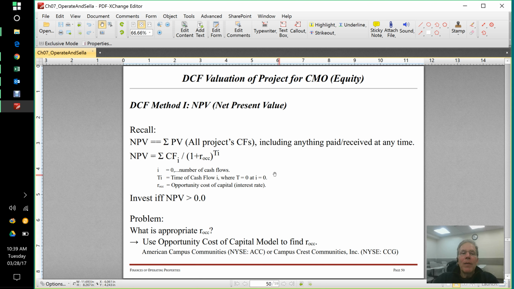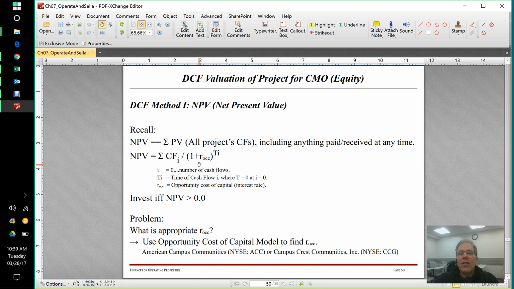And remember, NPV for a project is just the sum of the individually present valued cash flows for one player at a time for this project. And we have, here's the rigorous formula for NPV. It includes all the cash flows of the project for this player, including any cash flows at t = 0.